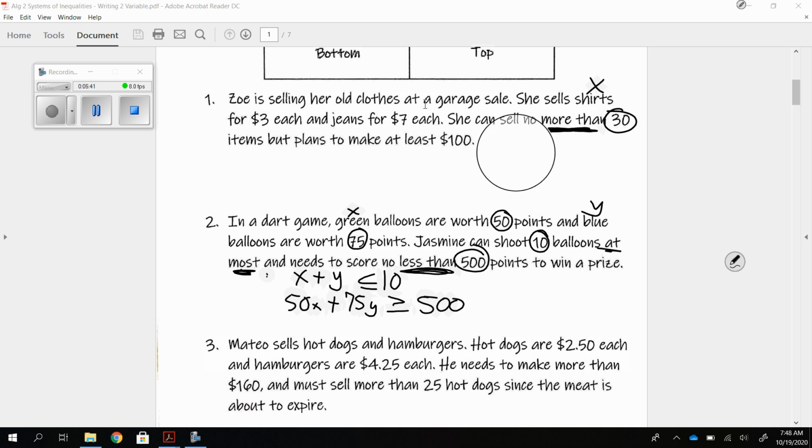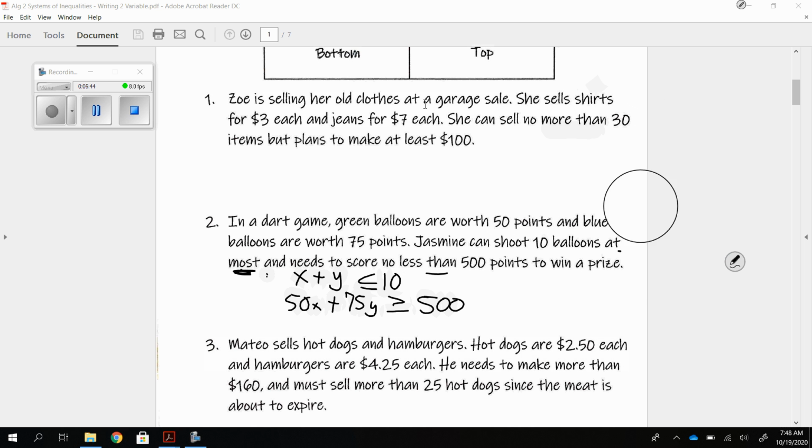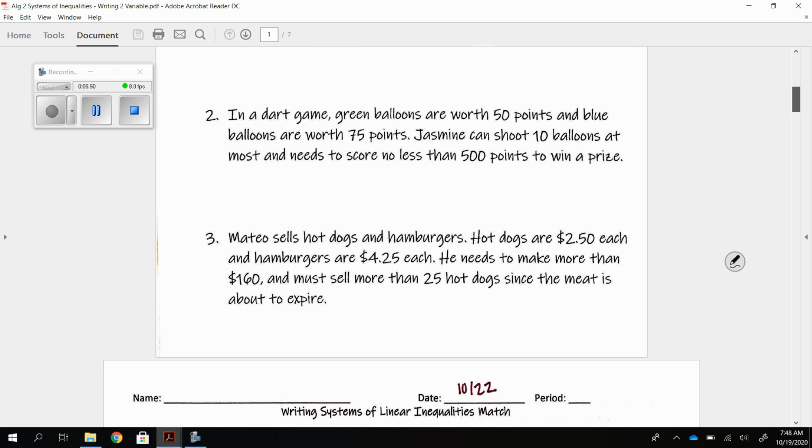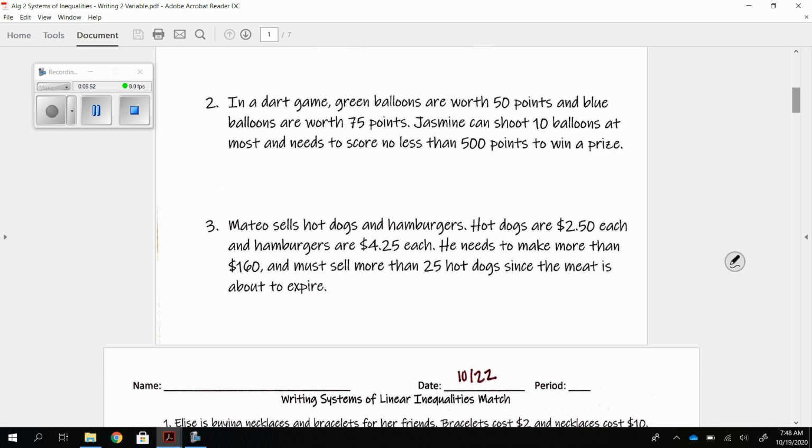Hopefully we have it. All right, let's go down to the last one. Mateo sells hot dogs and hamburgers. Hot dogs are $2.50 each, and hamburgers are $4.25 each. He needs to make no more than $160, and he must sell more than 25 hot dogs since the meat is about to expire.